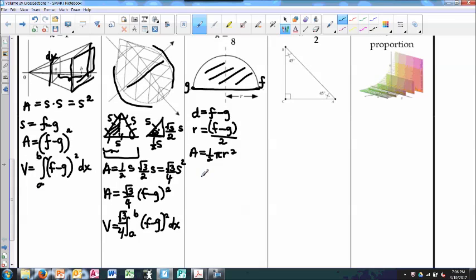So the area of my semicircle, in terms of the f and g functions, is 1/2 pi, or pi over 2, times the entire radius being squared. But the radius being squared is not just f minus g, but half of f minus g. So the 2 has to be squared and becomes a 4.